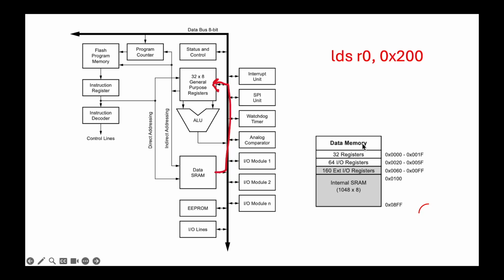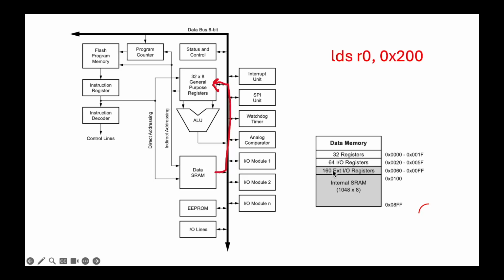The data memory map is like this. The 32 registers are mapped with these values, and the 64 I/O registers, which may include the status and control, the SPI unit, the interrupt unit, the watchdog timer, the analog comparator, the EEPROM registers, or even the program counter, are going to be in the 64 I/O registers.